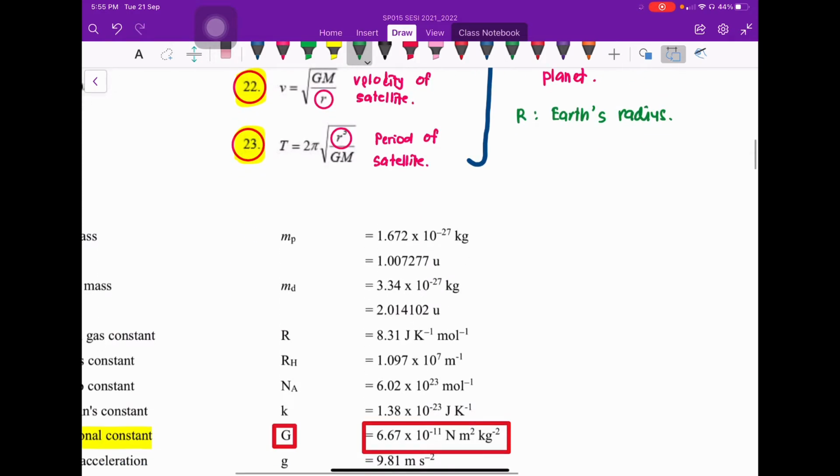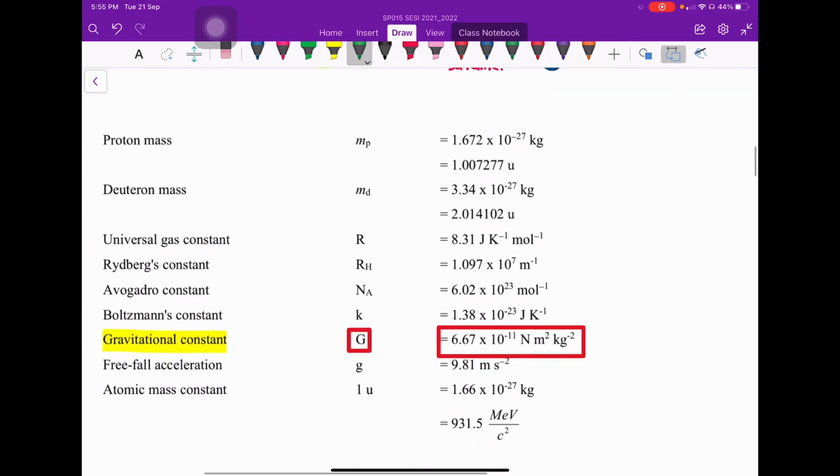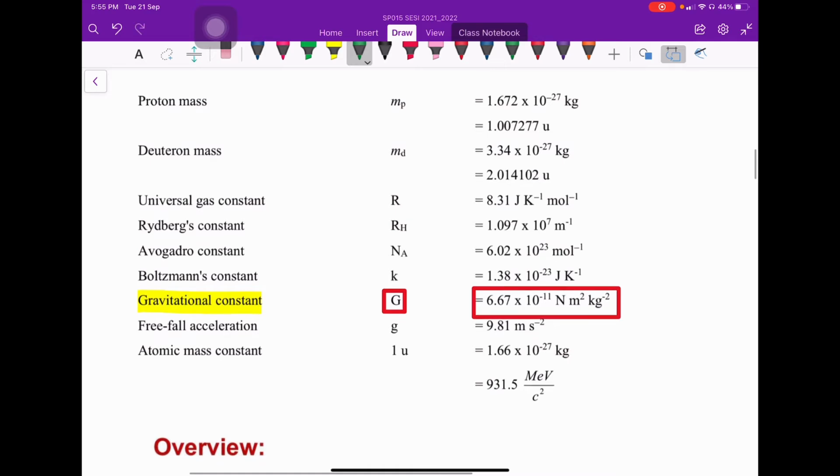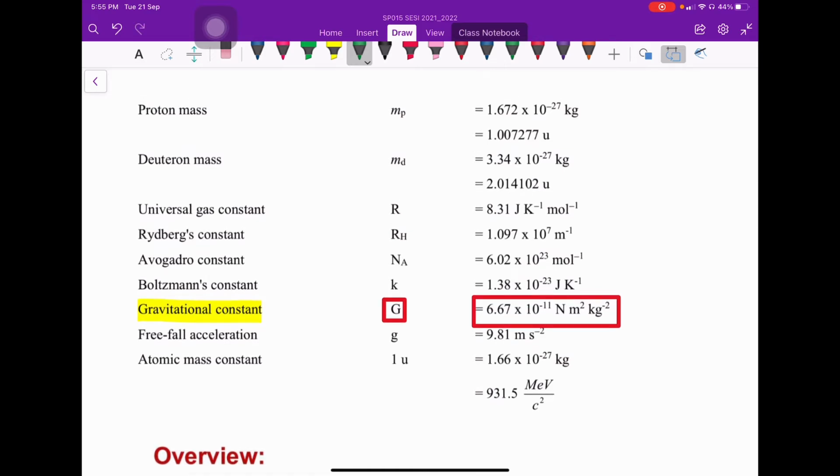Now, look at the list of selected constant values. For this topic, we emphasize the gravitational constant, capital G. So the value is... alright.